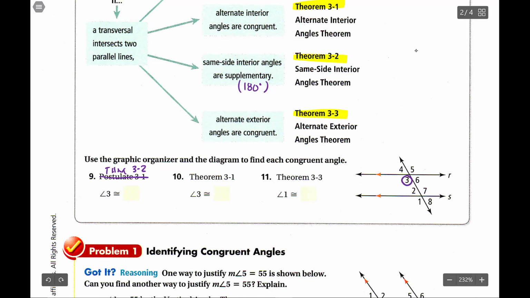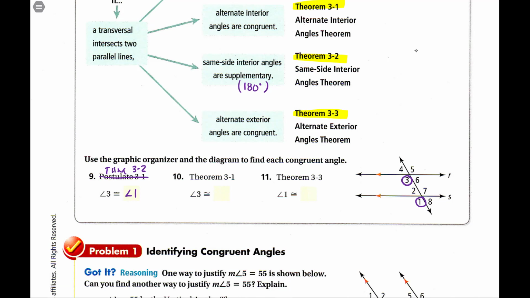Angle 3 is right here, and the angle that corresponds to angle 3 is angle 1.